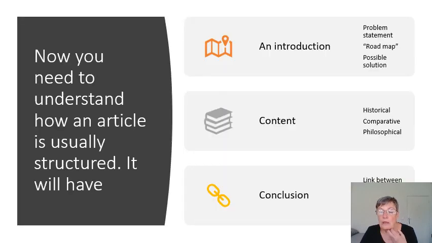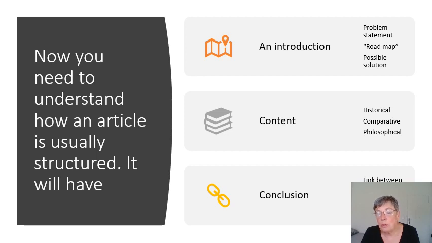Okay, so once you have your summaries, you keep that to the side, and you're now going to focus on the article. This is how an article in a law journal is usually structured. And as I said, this is also how dissertations and theses are constructed. Although they will differ somewhat, this is the basic setup.